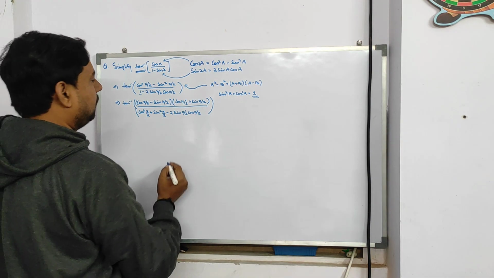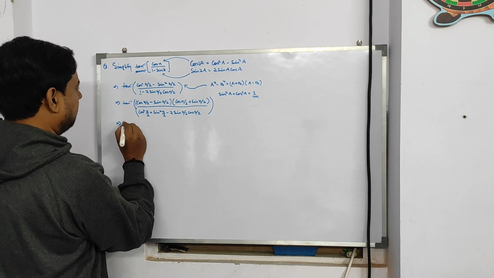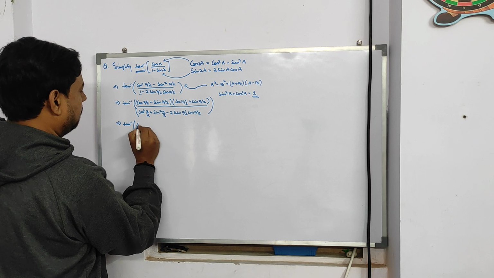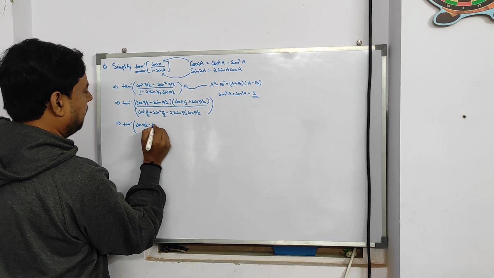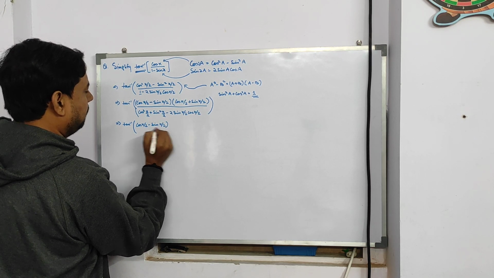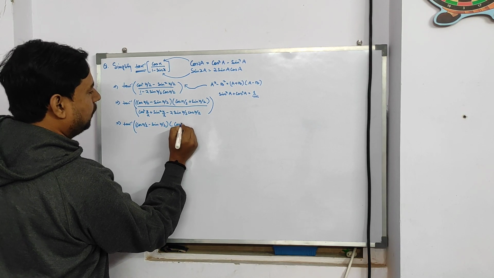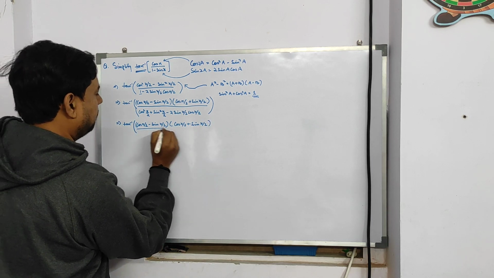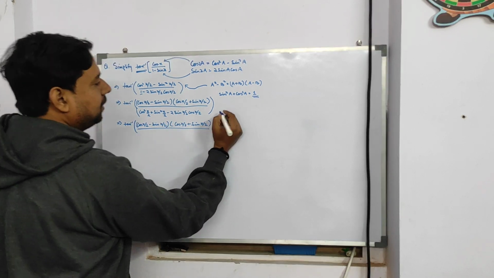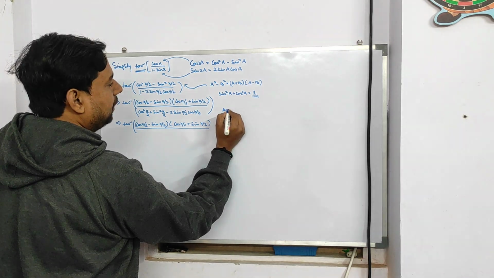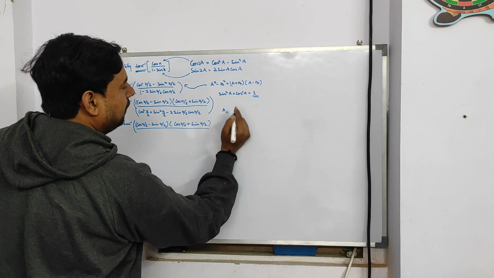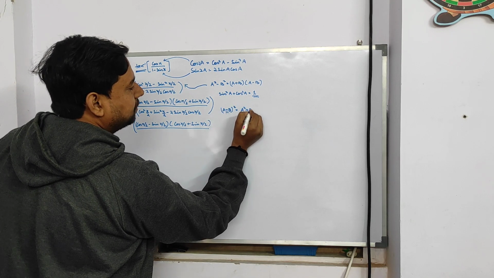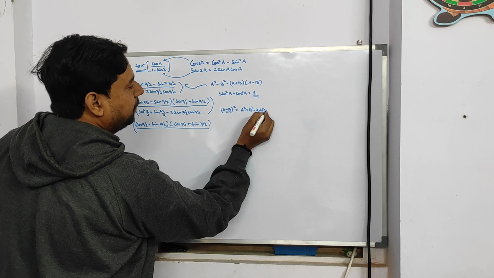Okay, so now further we can write it as tan inverse of cos x by 2 minus sin x by 2 into cos x by 2 plus sin x by 2, upon, now this is a minus b whole square, which is a square plus b square minus 2ab.